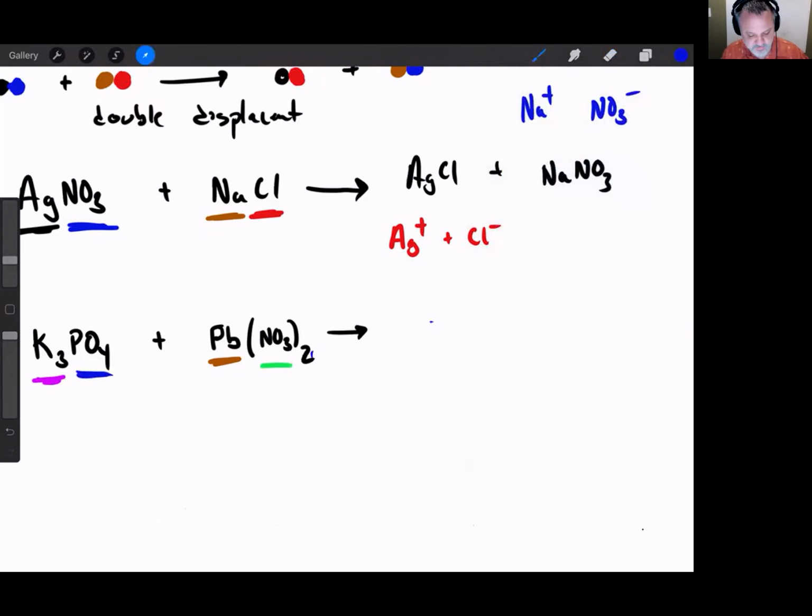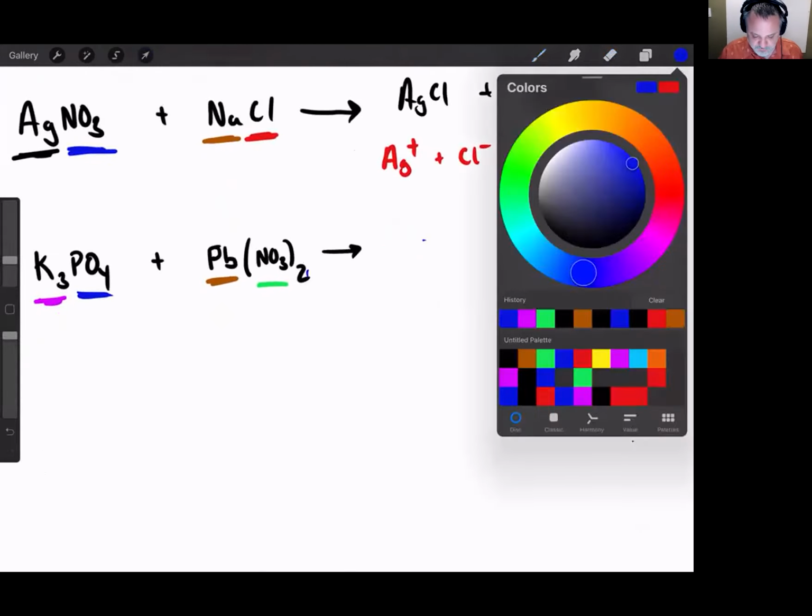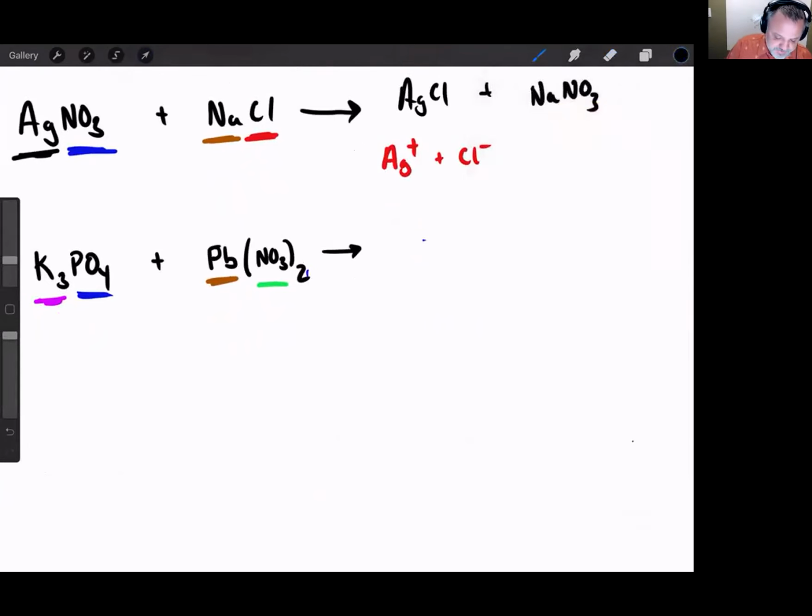This is going to lead us to another one of our reaction balancing tricks. Okay, so that means that potassium ion gets together with nitrate ion. And so to make the formula for potassium nitrate, it's just straightforward. It's just KNO3.